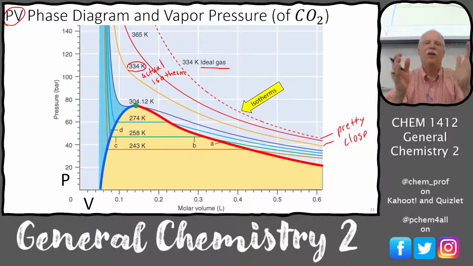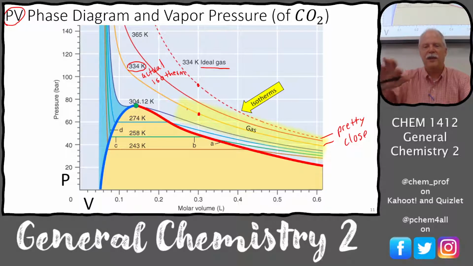But as I get to smaller volumes and higher pressures, the gas starts to interact with the other gas molecules and it becomes less ideal. It starts to see attractions. If the gas molecules are attracted to each other, we should see lower pressures because they're not hitting the walls with as much strength. And so that's what we see. Here's the ideal gas, and here's the pressure at that volume that we actually measure. So we're pretty far off. And that's from the attractions of those molecules to each other.